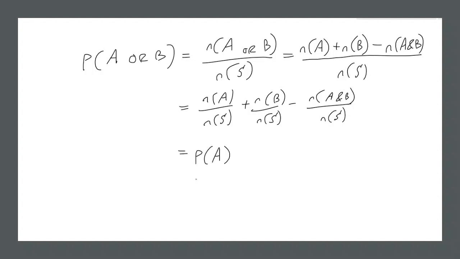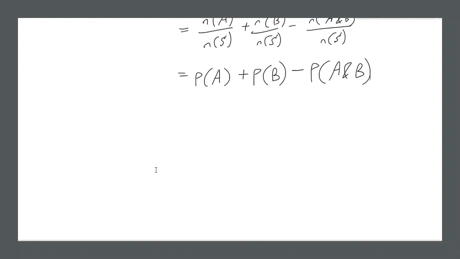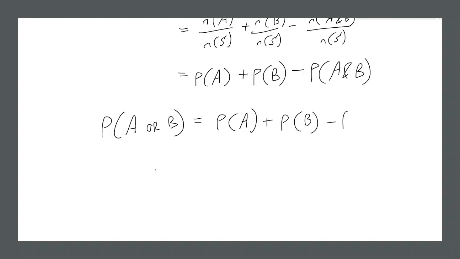So our first term here, that's just the probability of A. Our second term, that's just the probability of B. And our third term, that's just the probability of A and B. Okay? So putting all that together, we have our shortcut, the probability of A or B, right? That's what we started with up here. That equals the probability of A plus the probability of B minus the probability of A and B.